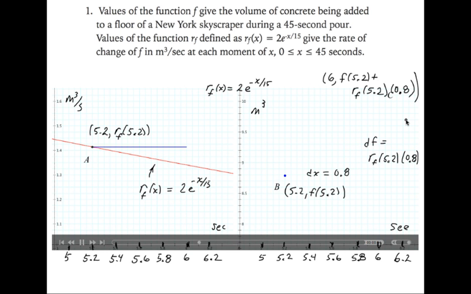We can assume we got the right amount of concrete at B, but because we're approximating with this blue line, we're not making f. We're making an approximate of f, right? So the y coordinate of point C is not f of 6. It's close to f of 6, but it's not f of 6. So it's f of 5.2 plus r sub f of 5.2 times 0.8. Does it make sense?